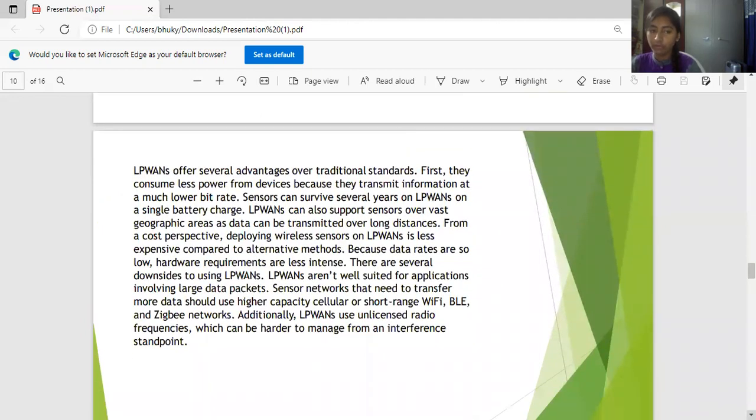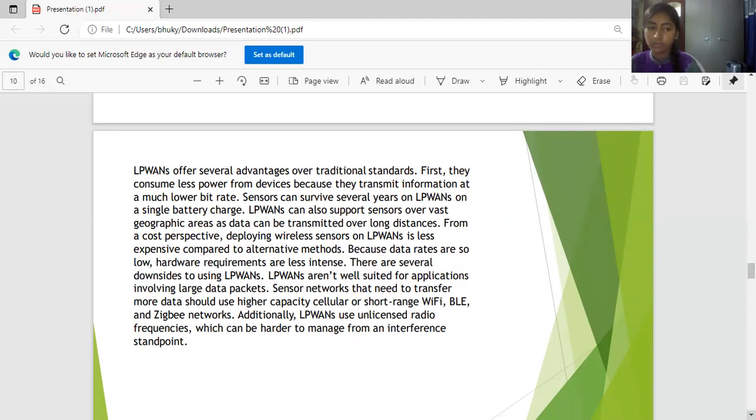LPWANs offer several advantages over traditional standards. First, they consume less power from devices because they transmit information at a much lower bit rate. Sensors can survive several years on a single battery charge on LPWANs. LPWANs can also support sensors over vast geographic areas, as data can be transmitted over long distances.